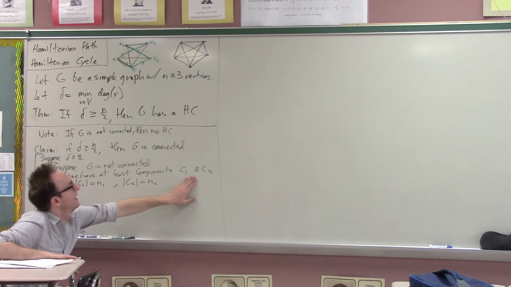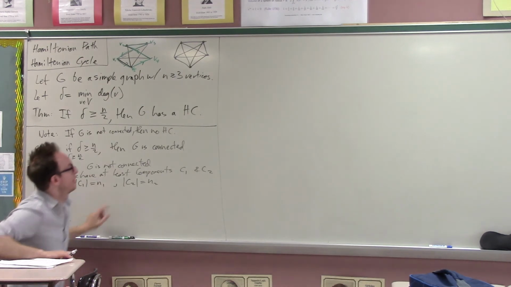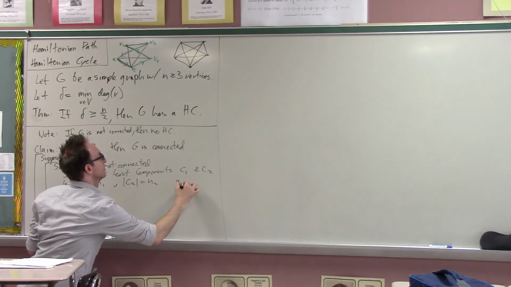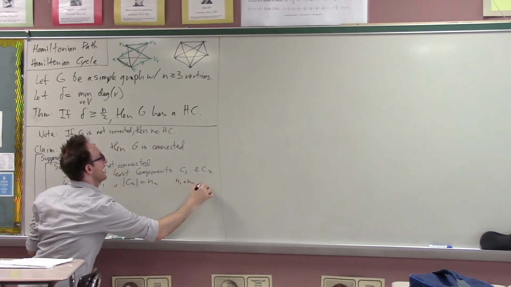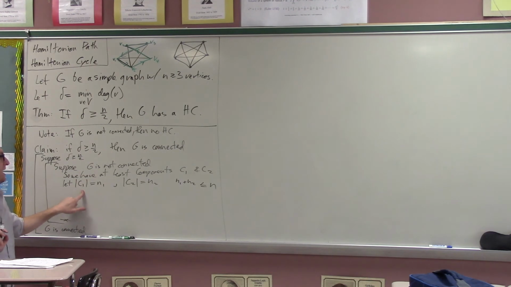I think I followed all that logic. First, note that N1 plus N2 has to be less than or equal to N. Consider component 1. If N1 is greater than N over 2, then N2 is less than or equal to N over 2.